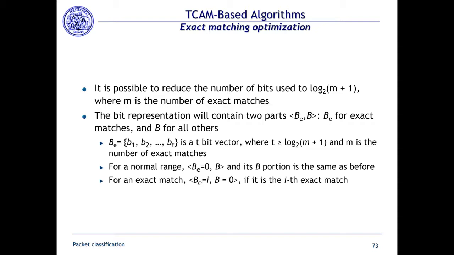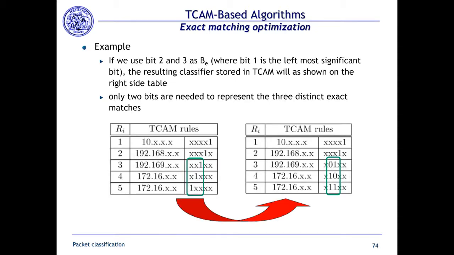If the value is 0, it means 80. If it is 1, it means 23. If it is 10, it means the other value. So this is the example. This is the original TCAM that we have constructed so far.